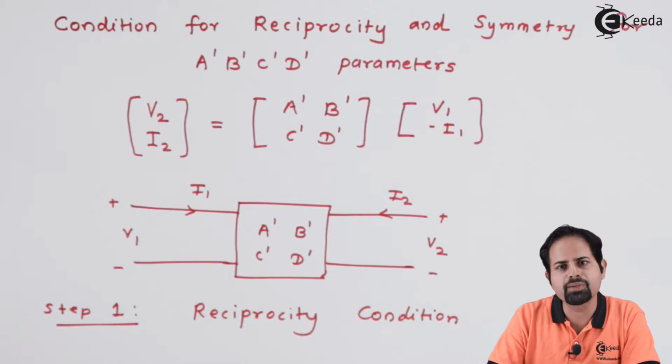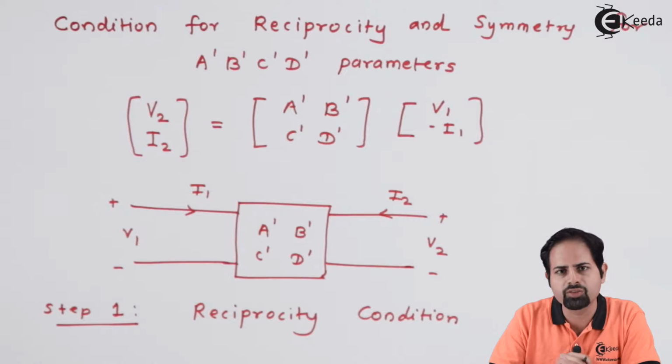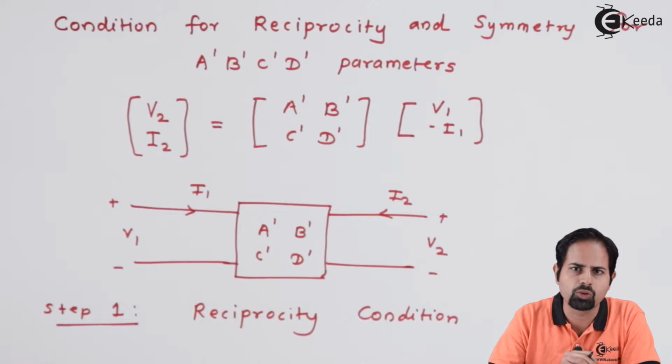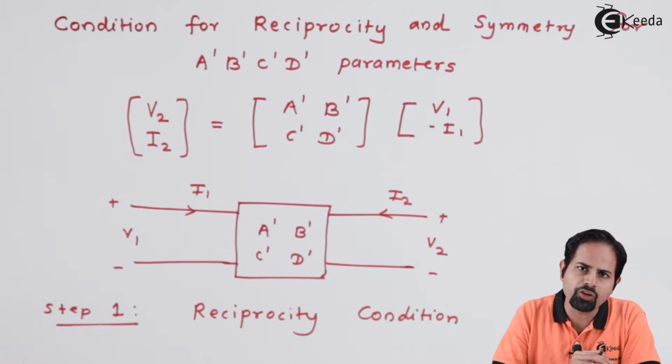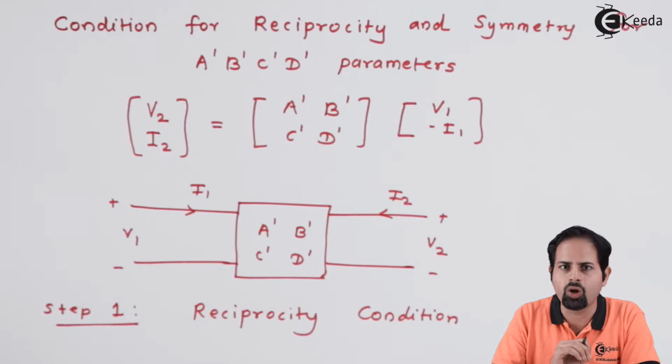So what is reciprocity condition? Reciprocity condition is when suppose port number 2 is shorted, that voltage becomes 0, that is V2 equal to 0. So ratio of input voltage to output current. We will see it on diagram now.